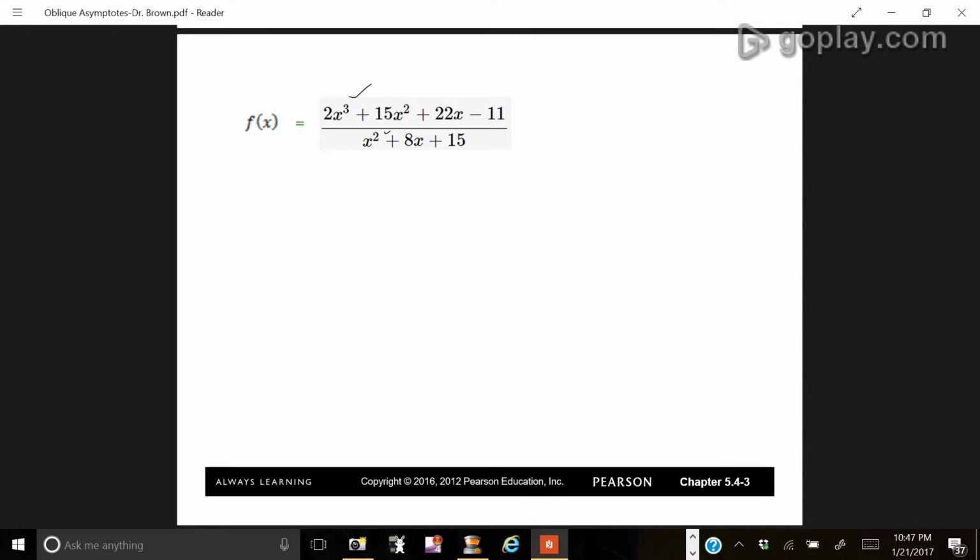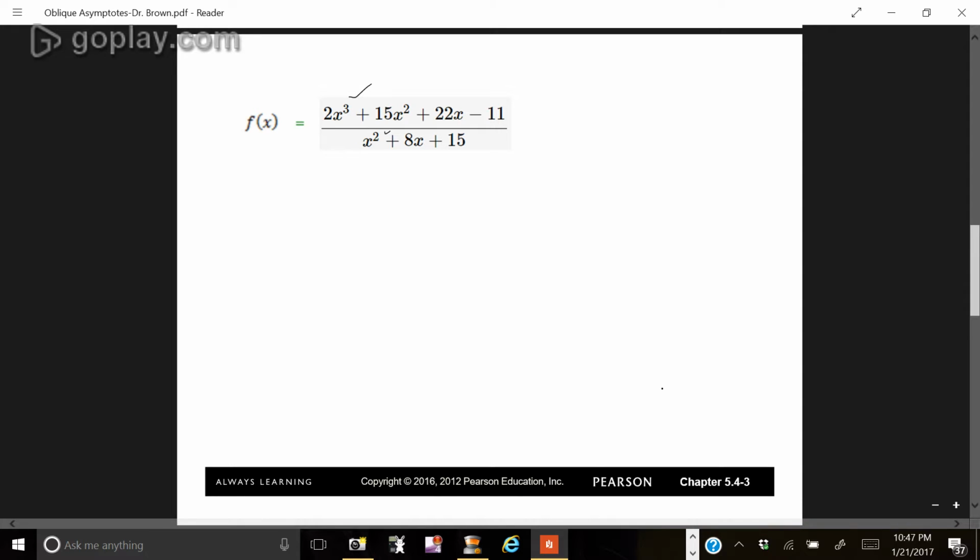So let's do the long division. x squared plus 8x plus 15, all divided into 2x cubed plus 15x squared plus 22x minus 11. Now do the long division.